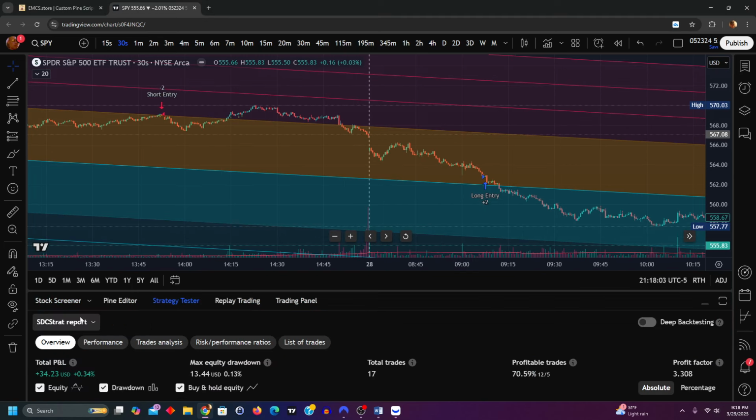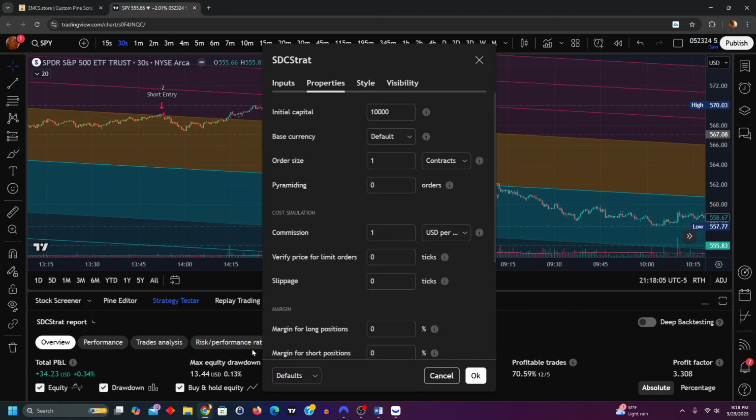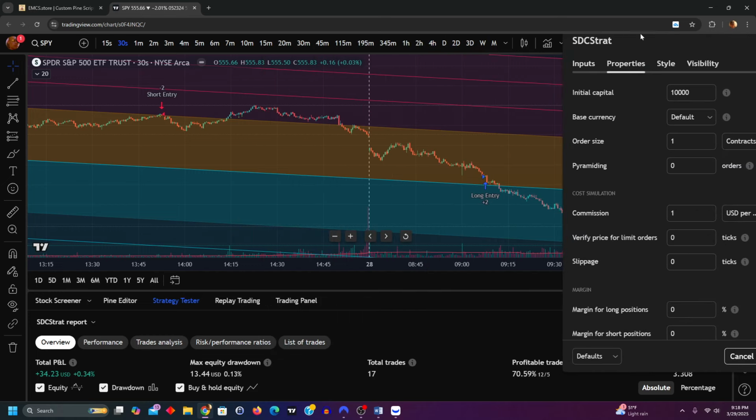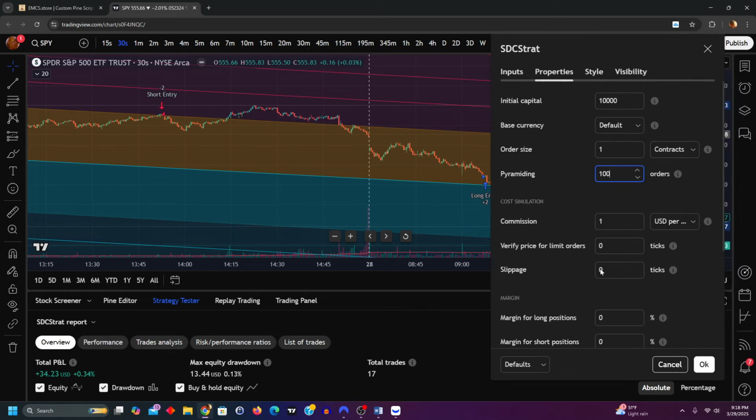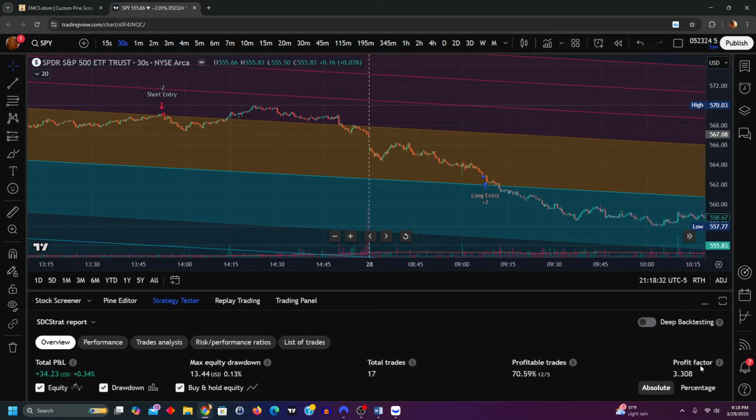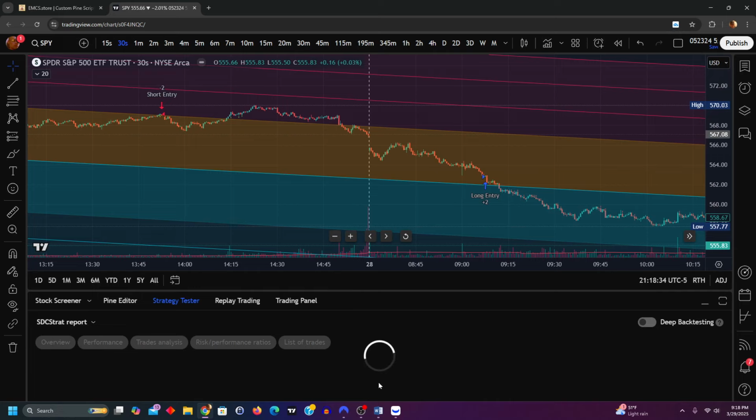The thing about it is, if you're actually dollar cost averaging this, let's just set this to 100, because it never reaches that number of contracts, but just to make it essentially unlimited, right? You can see what it does.